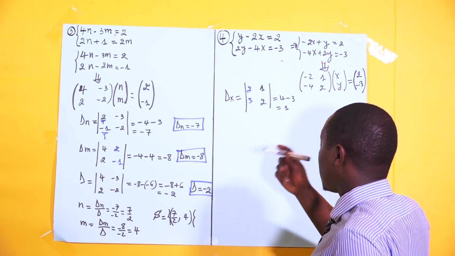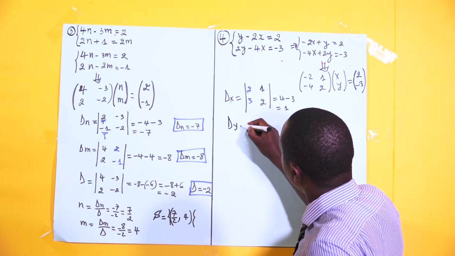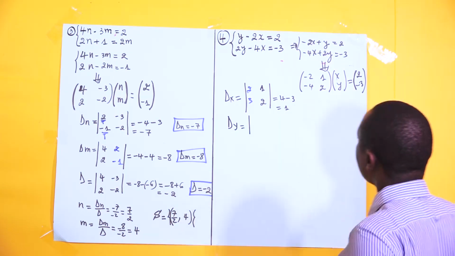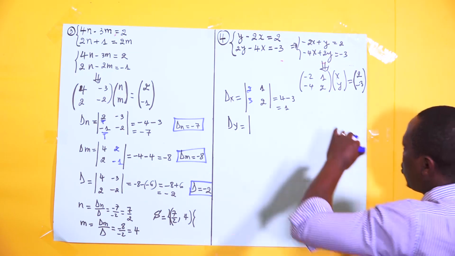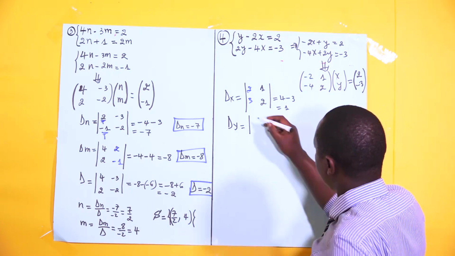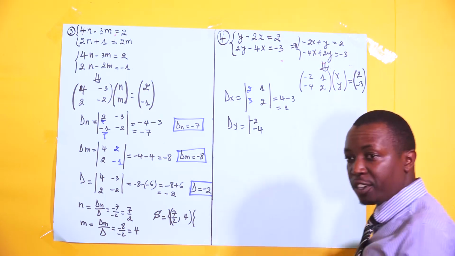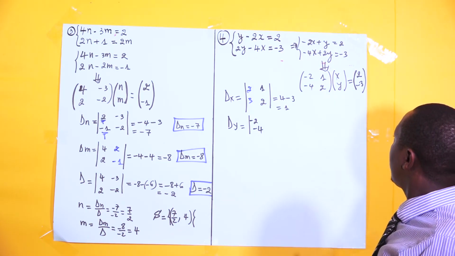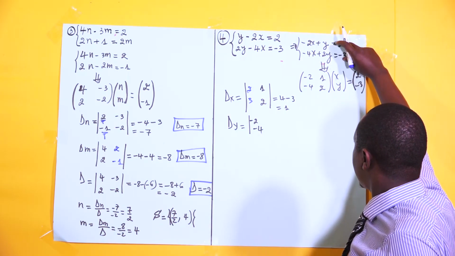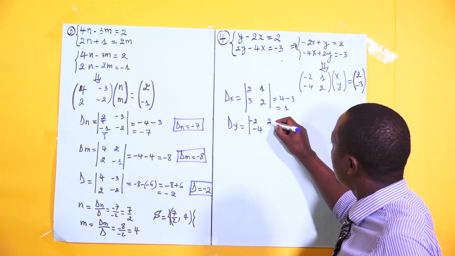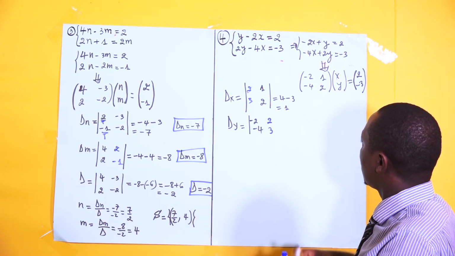Let's find dy. dy equals what? We copy the coefficients of x, negative 2 and negative 4, and then we change the coefficients for y by these ones, so it is 2 and negative 3.